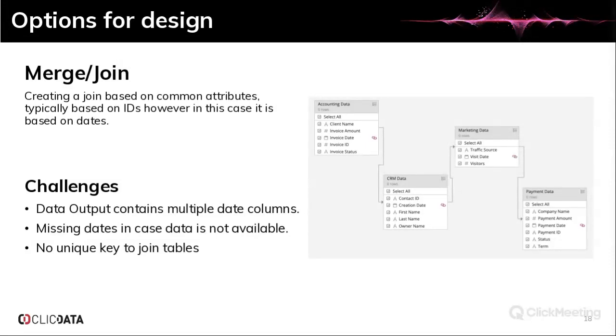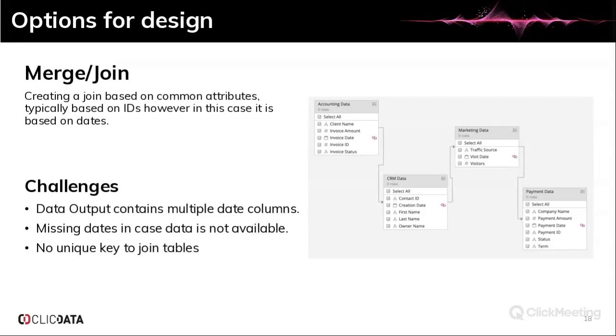Or you have no payments on your payment table on weekends, and you still continue to have invoices that are sent out on weekends. So you can join the tables, but creating a join with not a single unique key might have issues. Even if you do an outer join, you're going to have blanks in some of your date columns.